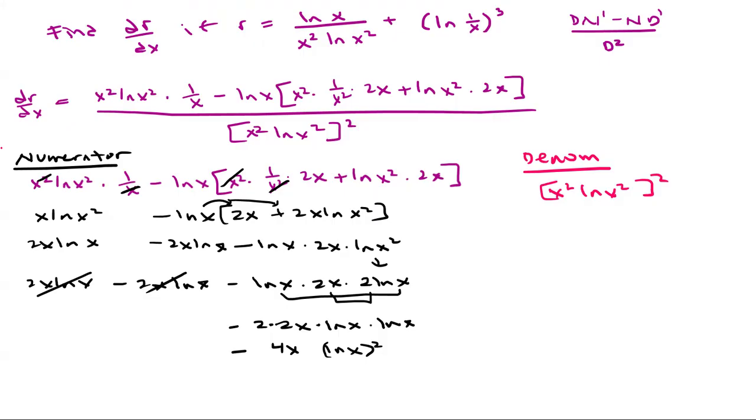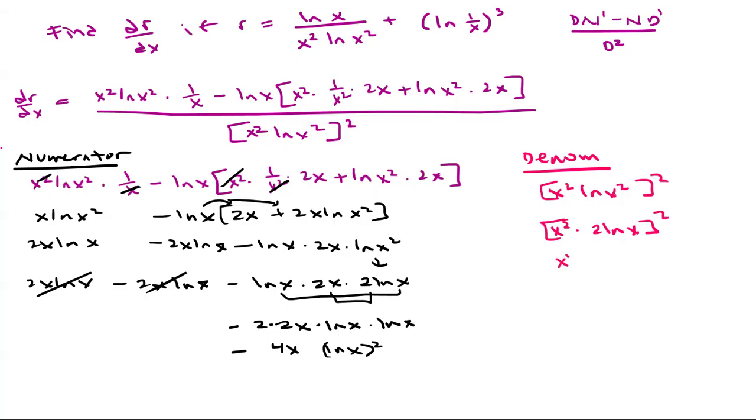Before we square it, let's simplify this a little bit. So we have x squared times, I'm going to move this 2 here to the front, so it'll be 2 ln of x. Okay. So this is raised to the second power.